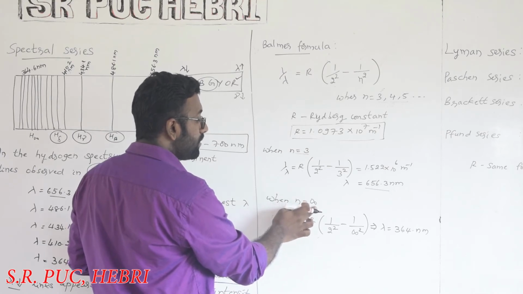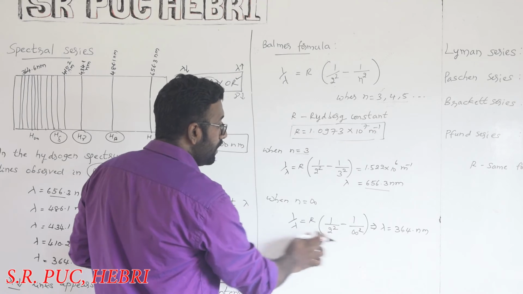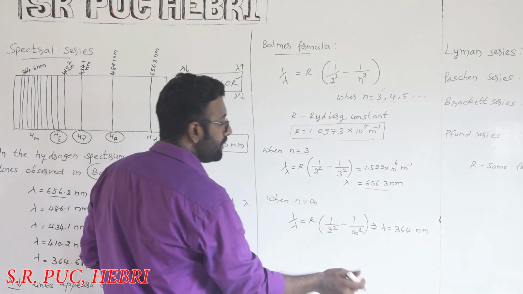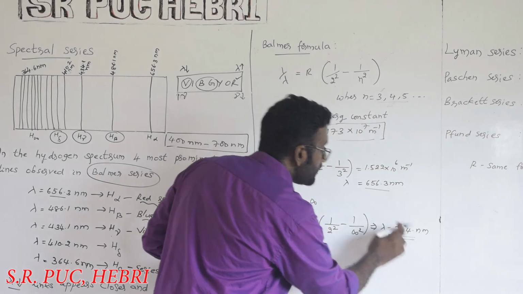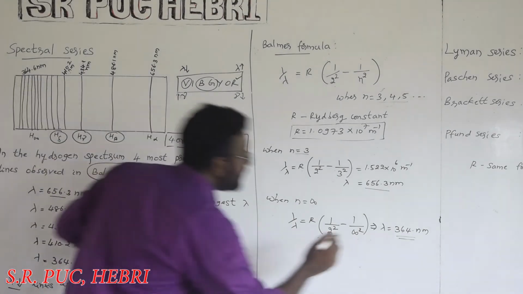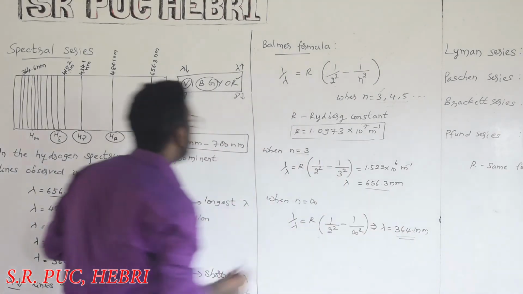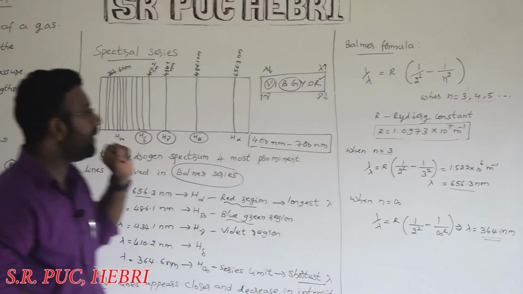You can just make this term 0. Do the calculation and you will get a value of 364.6. It is the same value you see for H infinity. That's how these values were found.